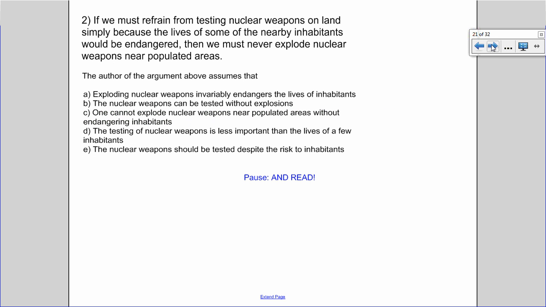Question 2. If we must refrain from testing nuclear weapons on land simply because the lives of some of the nearby inhabitants would be endangered, then we must never explode nuclear weapons near populated areas.